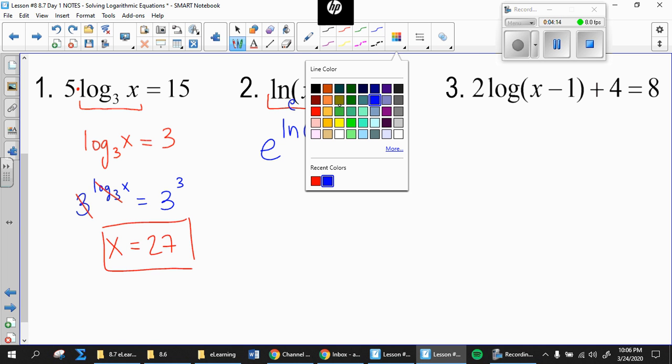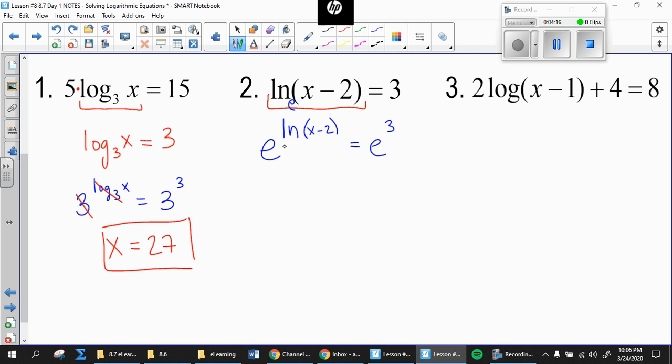And so again, that's going to cancel those out. On this left side, it's just going to leave me with x minus 2. On the right side, unless we type that into our calculator, we don't know what that is, so we're just going to leave it as e to the third power. Finally, to solve, we take that e to the third power and add our 2.